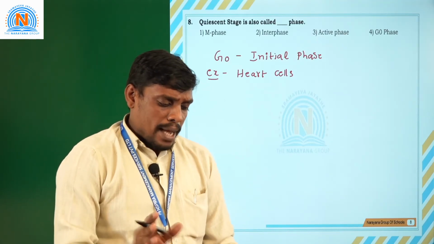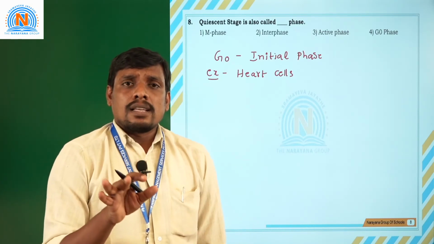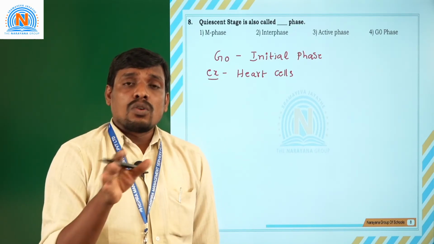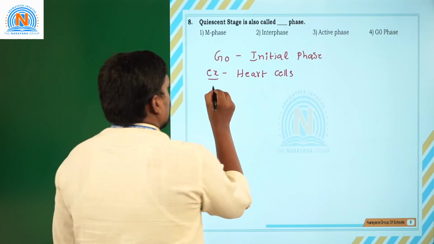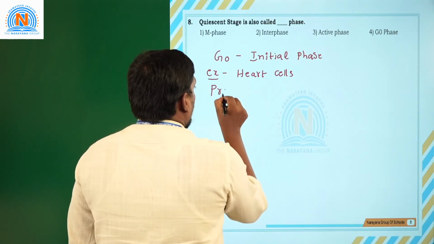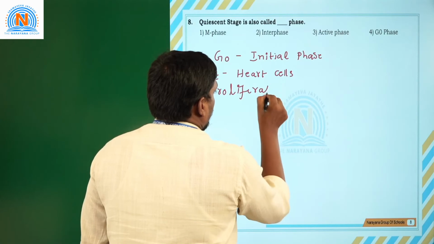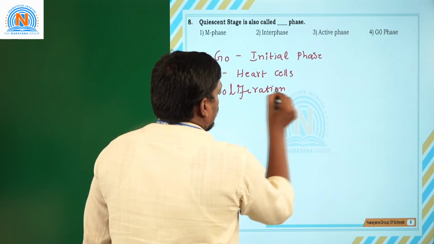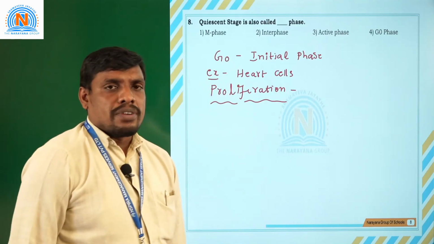Whereas the remaining cells occasionally undergo proliferation. What do you mean by proliferation? How can you define proliferation? Proliferation is nothing but the formation of new cells.